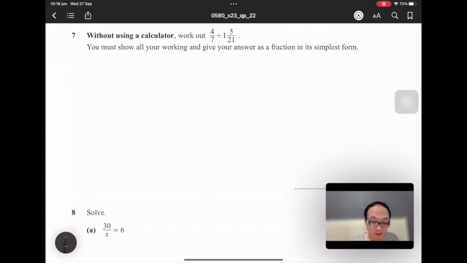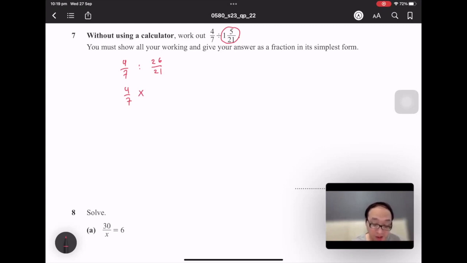Without using a calculator, work out 4 over 7 divided by 1 and 5 over 21. We have to change the mixed fraction into an improper fraction, so this is 26 over 21. And then for division, we have to multiply by the reciprocal.